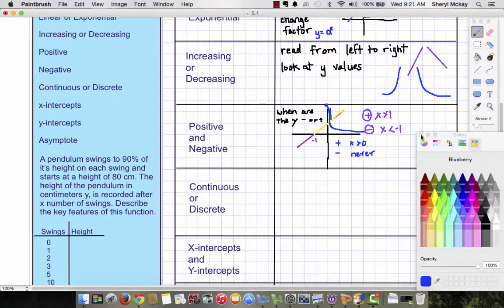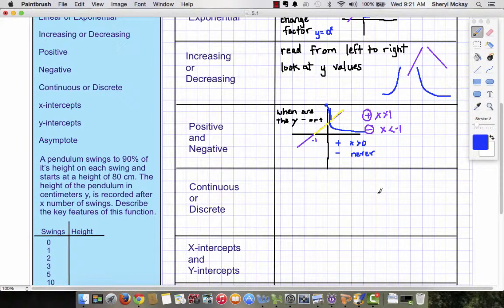Continuous or discrete, we've done a lot with continuous and discrete. Probably the hardest thing is to notice, if you're looking at a table, you don't know if it's continuous or discrete because you don't know if you have all of the values, and you don't know if all the values are connected.